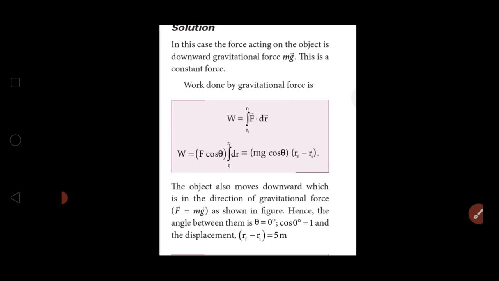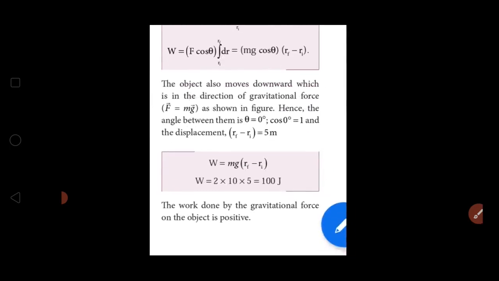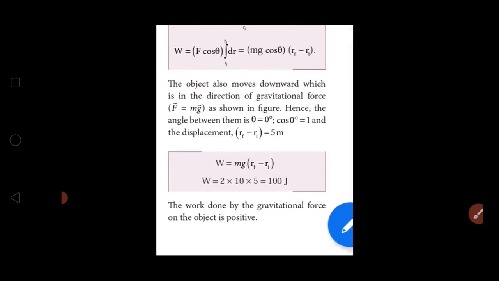The object also moves downward, in the direction of the gravitation, so the angle between them is 0 degrees.